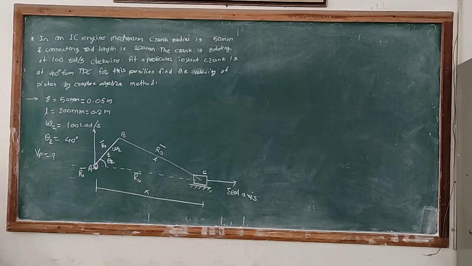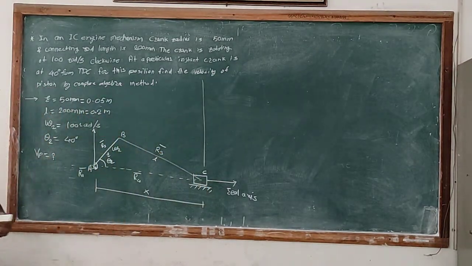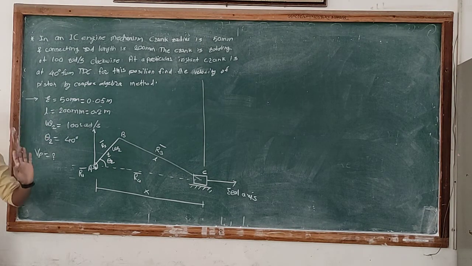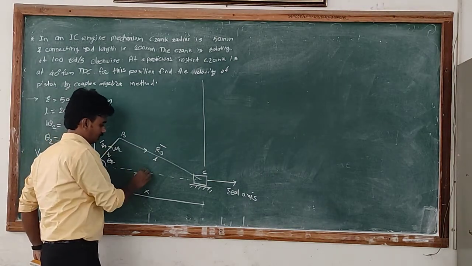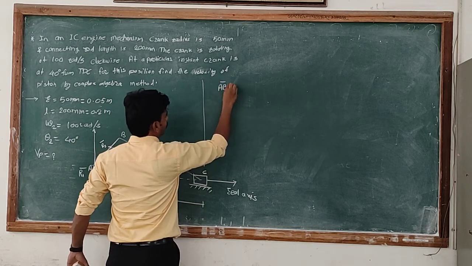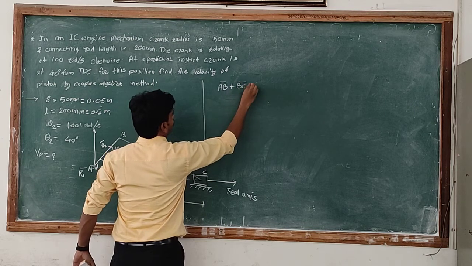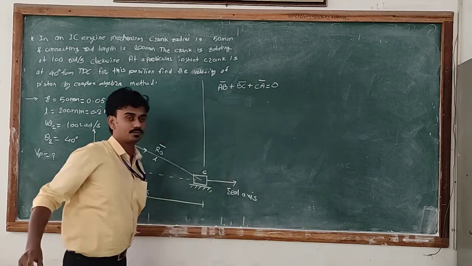Now if we apply the closed loop equation here, we get AB bar plus BC bar plus CA bar is equal to 0.